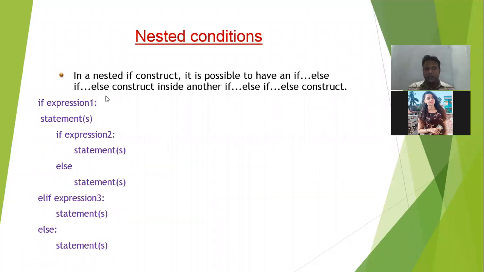In a nested if construct, you have if and else construct. Means in an if you can include another if. In other programming languages you use else if, but here we are using the elif statement, not else if. Lastly we are passing else. So here it is called an elif program. In a condition you can include another condition.